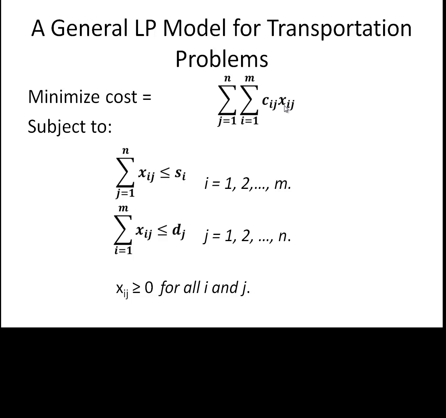And as you noted, we had 9 routes between the cities. And then we have our supply function and we have our demand function. And then, of course, as usual, we have our non-negativity constraint.